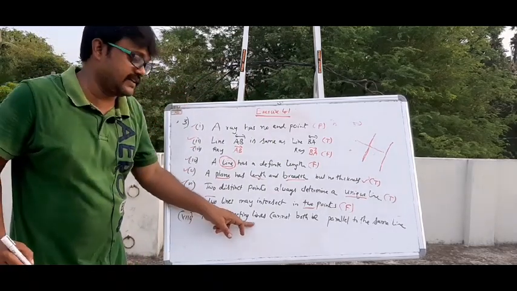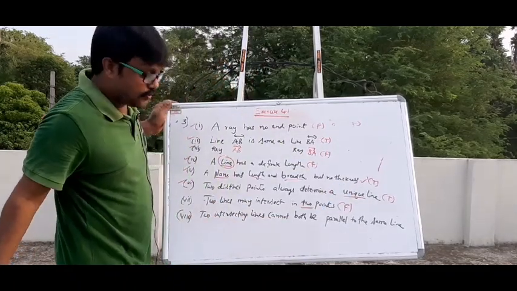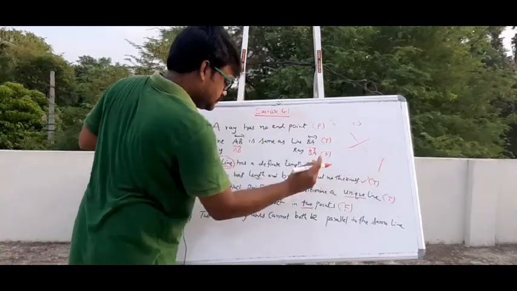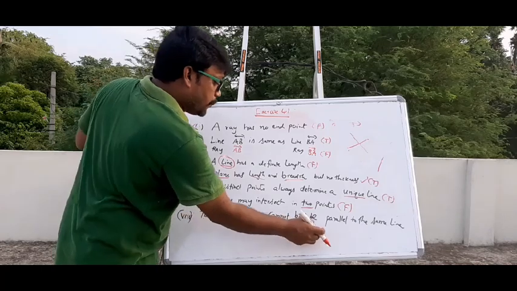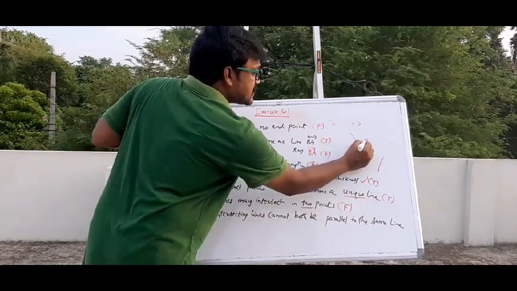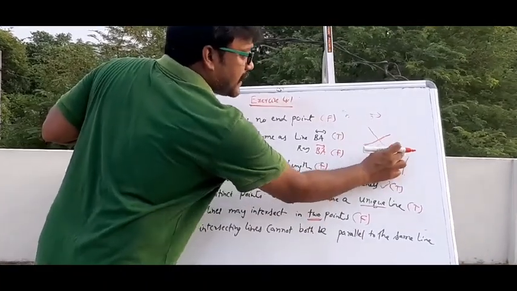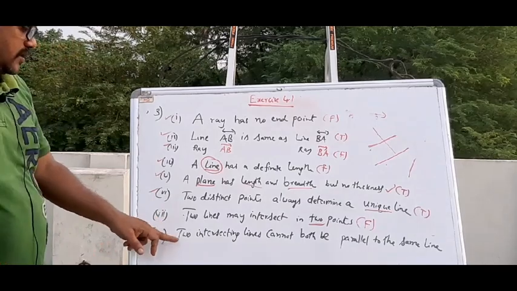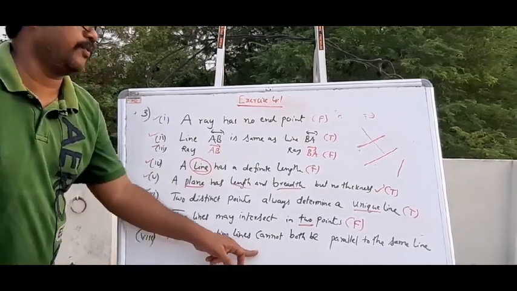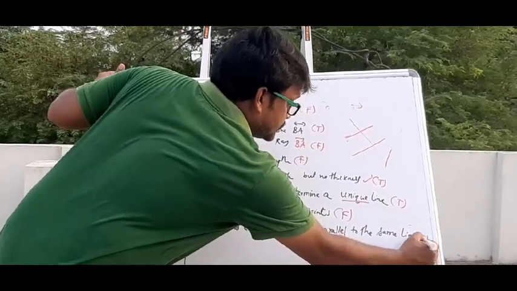Two intersecting lines cannot both be parallel to the same line. That means it is a true statement.